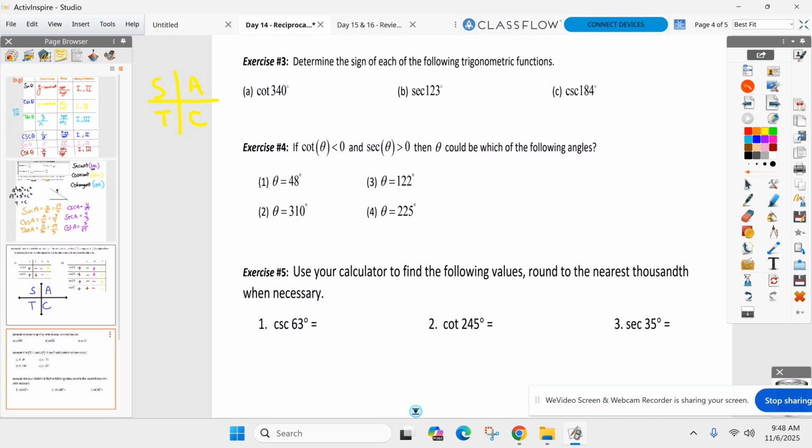Cosine. So what about cotangent? It's related to tangent, which is positive in the 3rd quadrant. So where's it going to be in the 4th? Positive or negative? Cosine's the only thing positive there. So cotangent's going to be? Negative. There you go.